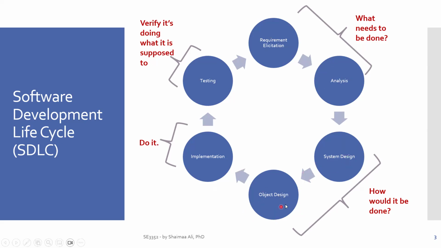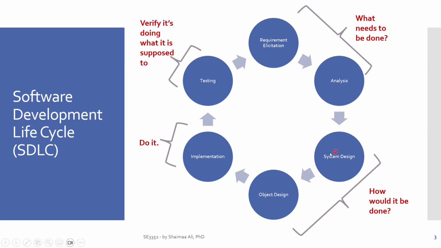Okay, so there are two levels here of that planning or that design. There is a high-level system design, and then there is a low-level object design. Okay, and then there's the implementation, which is the actual creation of the system, and then testing, and then it keeps going until eventually the system is going to be retired.